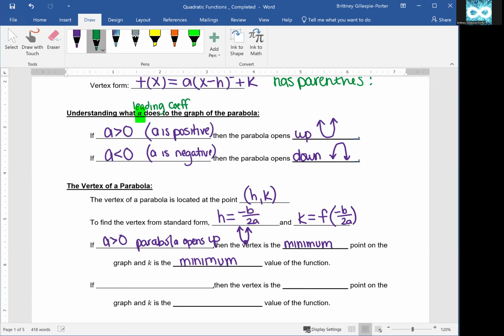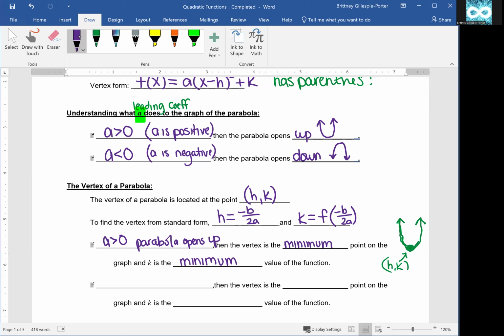Okay, so keep in mind that your vertex is like your turning point. So if we're opening up, our vertex is the point all the way down here. That's (h, k). And it's at the very bottom, which is why it's a minimum.